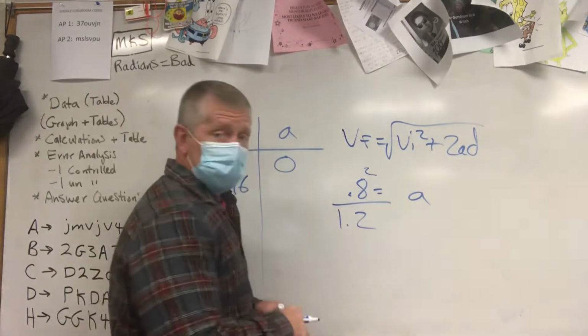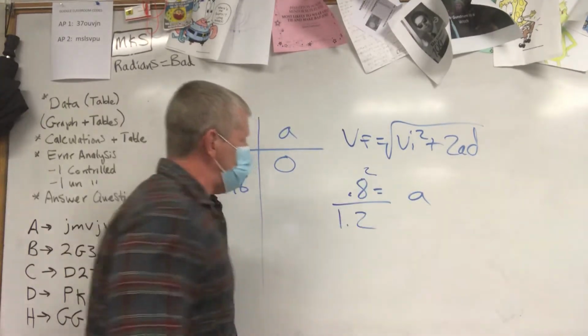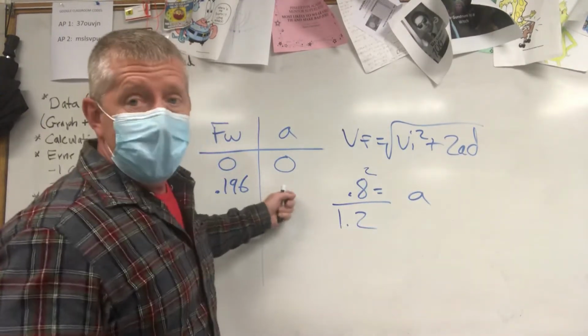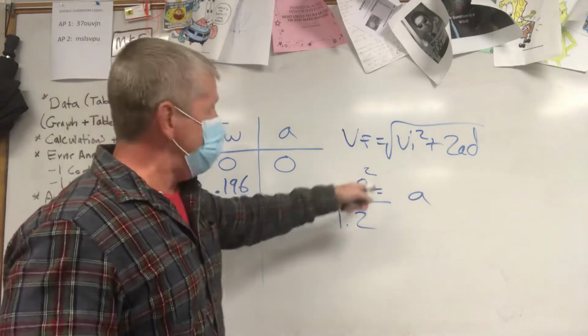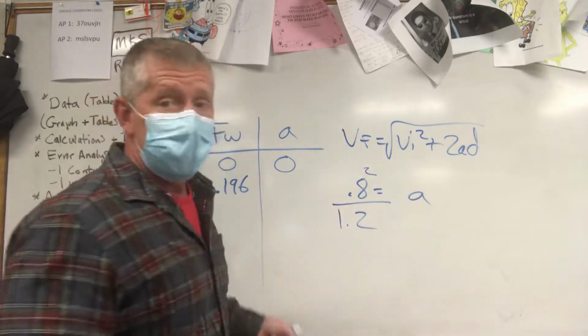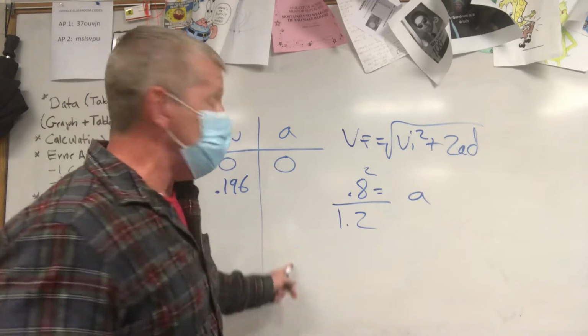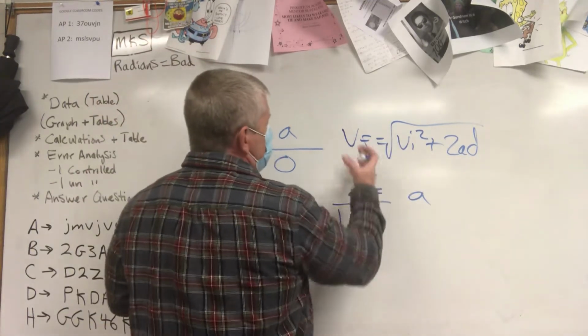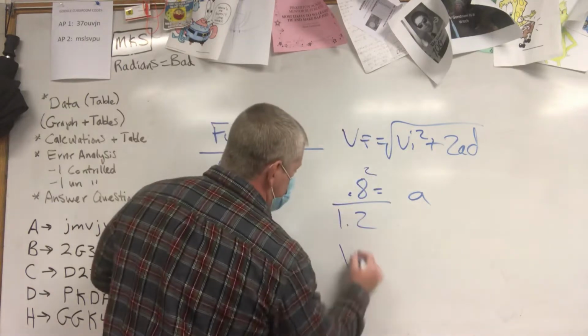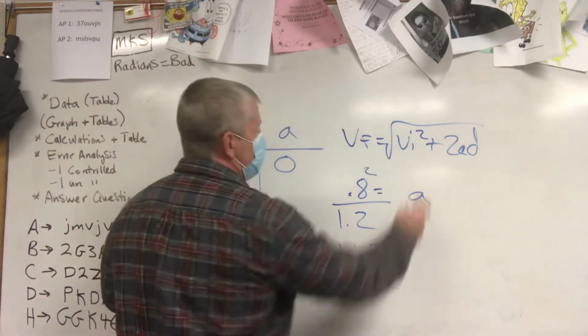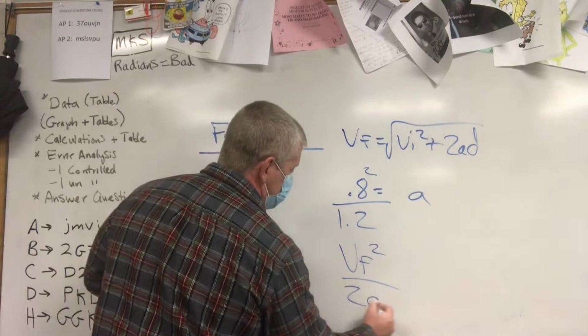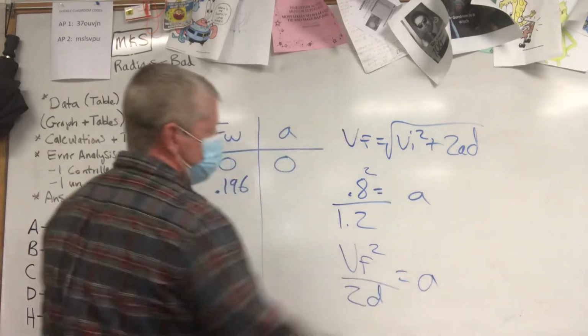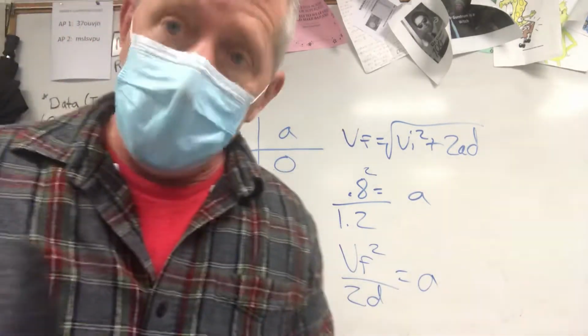And solve. 0.8 times 0.8 divided by 1.2, acceleration 1. You've got to do that 9 or 10 times to come up with your acceleration rates. So every single time what you do is you take VF, square it, divided by 2 times d. That gets you A. All right, got it? Good.